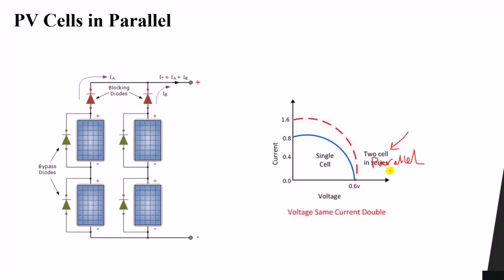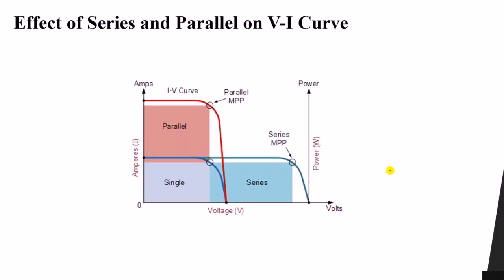Now finally, if we combine all of this, you can see that here we have one panel, as an example, one solar panel with a certain current, certain voltage, certain short circuit current, and certain open circuit voltage.